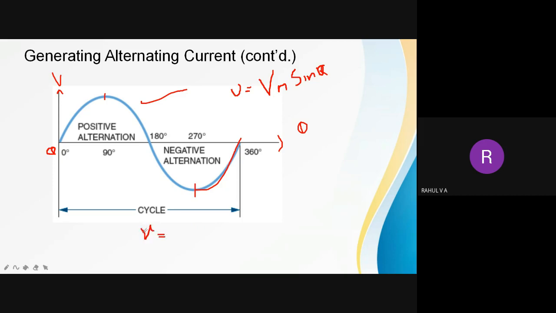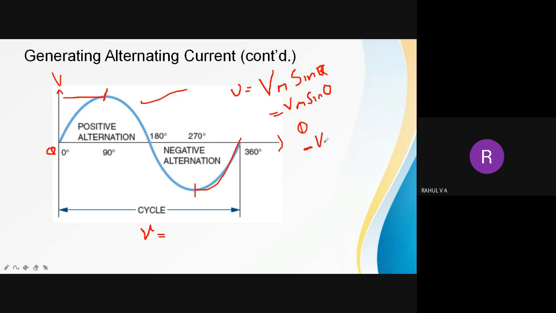When the theta value is 0, what is the instantaneous value? Vm sin 0. So what is sin 0? Zero.